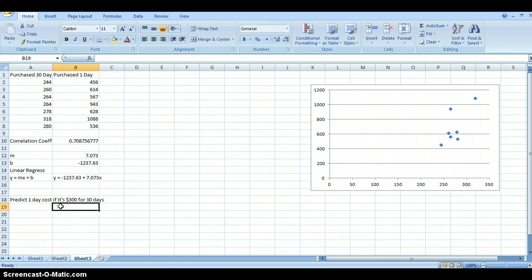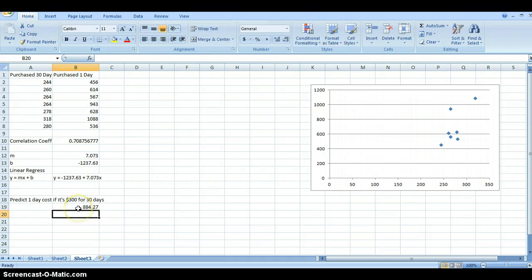So for Excel, what you can do is you want to hit your equals first so that Excel knows that you're putting in a formula, and then you're just going to type in your equation without the y, obviously, negative 1237.63 plus 7.073, and in parentheses type in the 300, or tell it that you're multiplying it times 300.